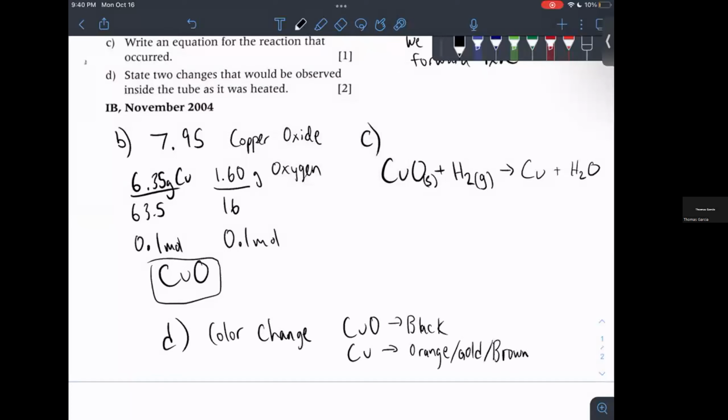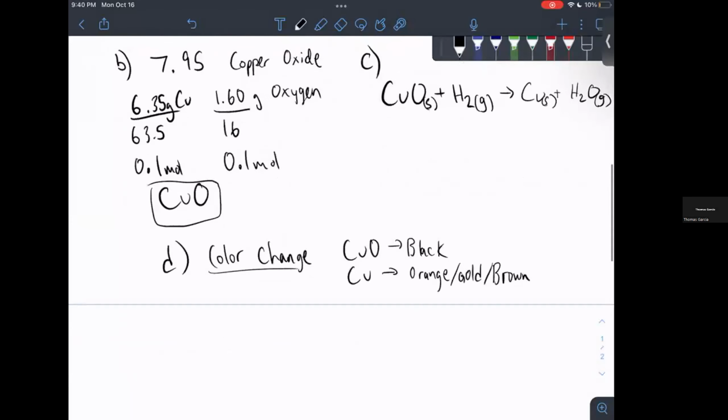You know what copper looks like. Number 2, if you look at our products here, we're going to get water, which will not be in its liquid state, sorry, it will be in its gaseous state. But on the inside of a tube, we might get some condensation. So we'll probably see condensation inside the tube.